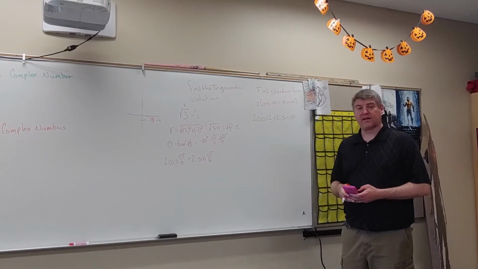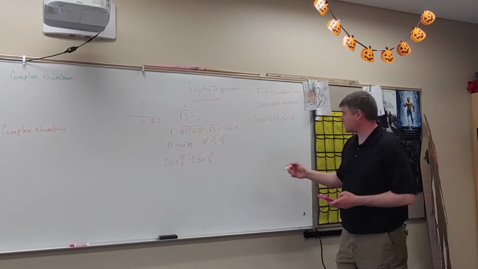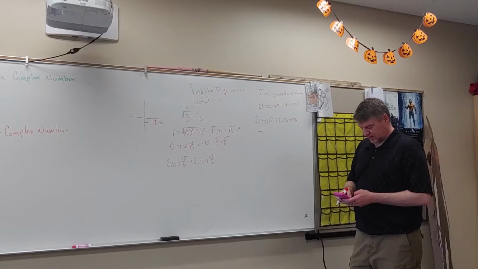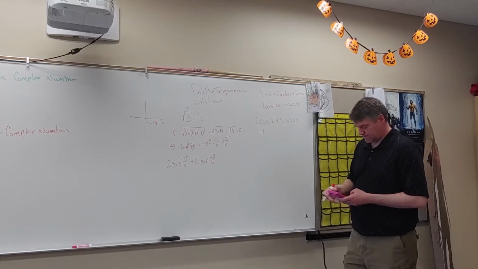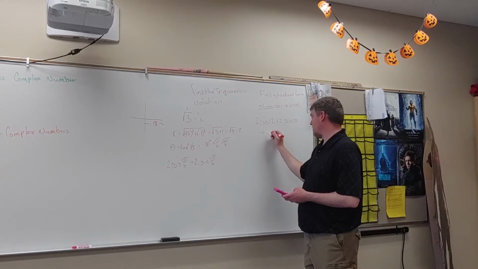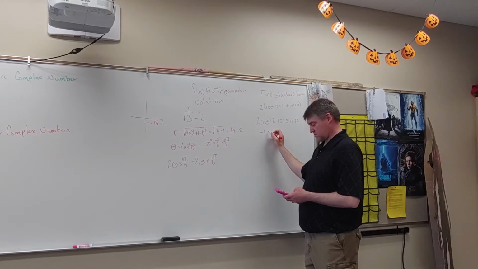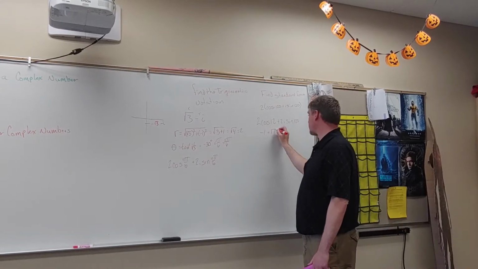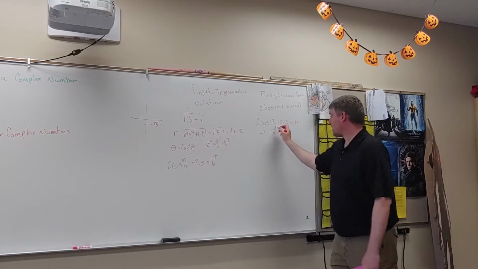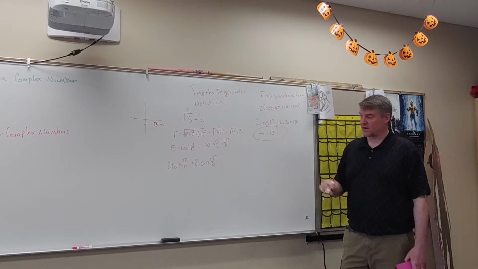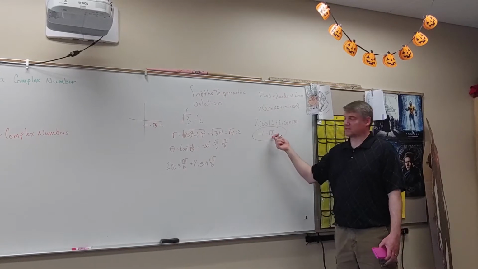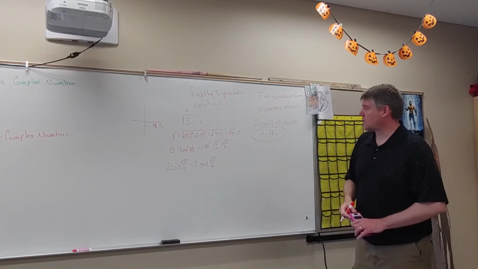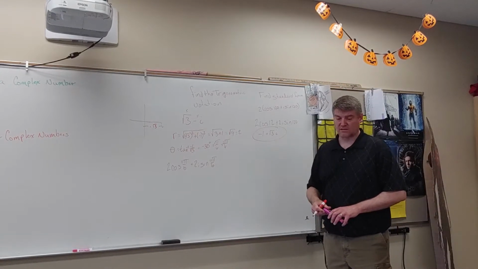I know that's on your radian conversion chart, and that should be a lot faster. So this gives me -1, and then plus the square root of 3 I. If you use your calculator, this is going to come out as a decimal, so make sure you look at your radian conversion chart on these.